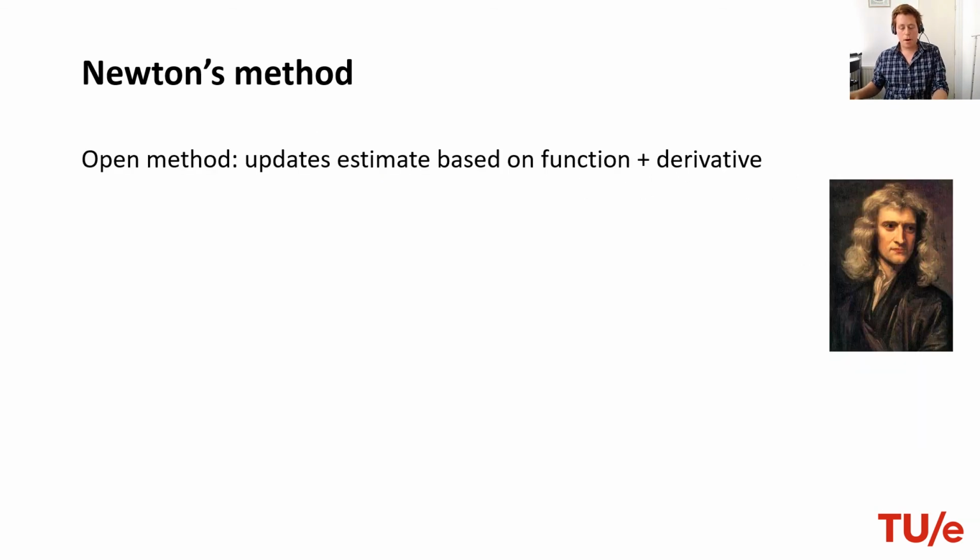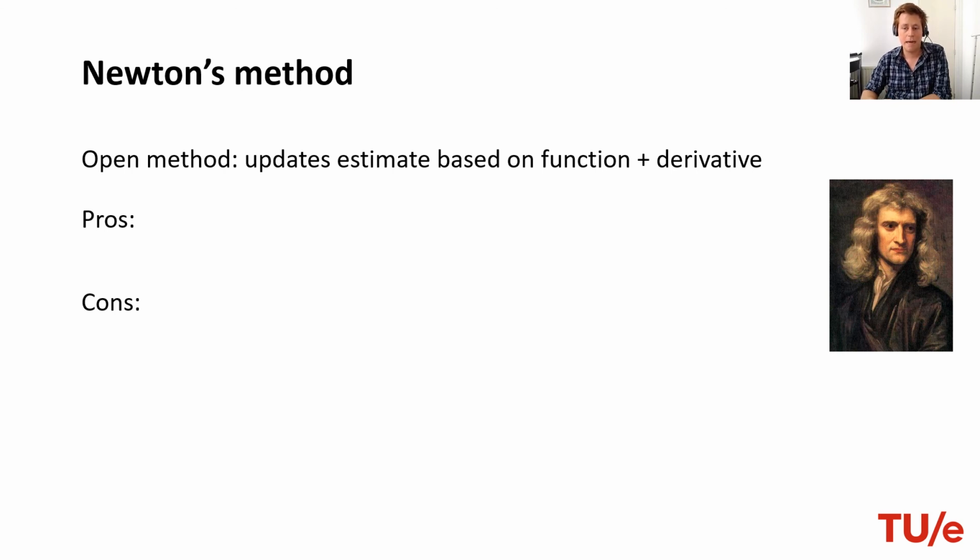So, wrapping up on Newton's method: it is an open method, which means that it does not use a bracket or an interval where it tries to close in on the solution. It just uses a current estimate and tries to improve on that estimate using the value of the function at the current solution and its derivative. Newton's method has several pros and cons.